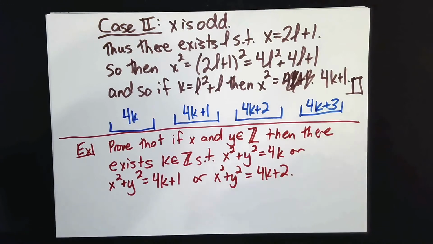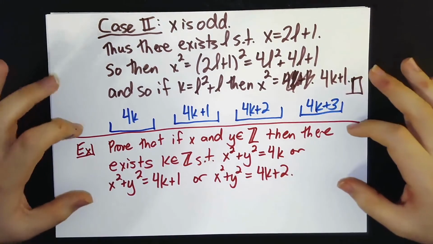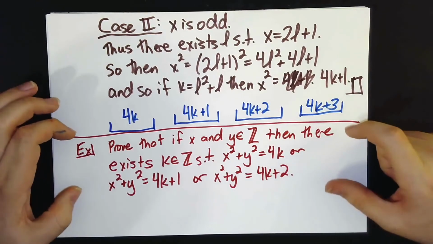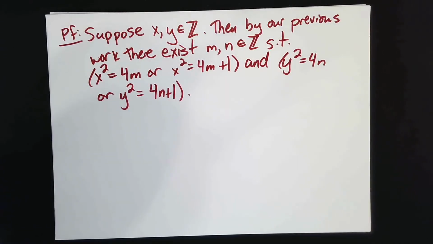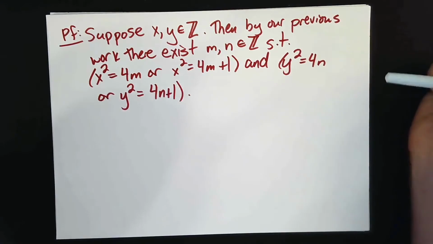I want to follow up on that previous example just to give us another opportunity to do cases in a very similar context. I think this would be an excellent example, by the way, for you to pause the video, try and work it out, and then after you've done that, watch me do it. So now we're going to suppose that x and y are integers, and then by our previous work, there exist m and n such that x squared is 4m or 4m plus 1, and y squared is 4n or 4n plus 1.